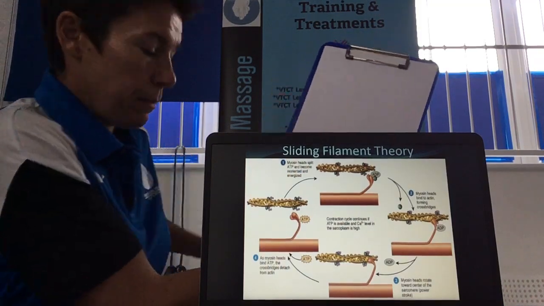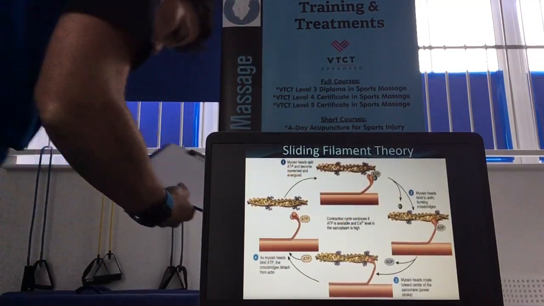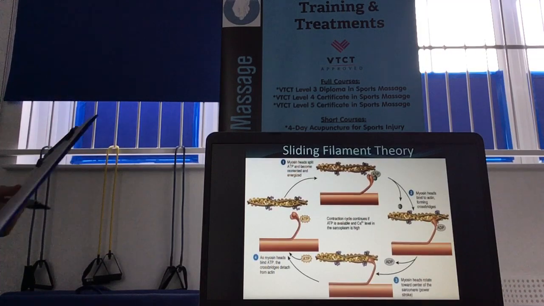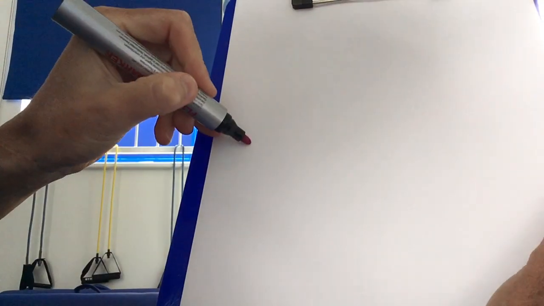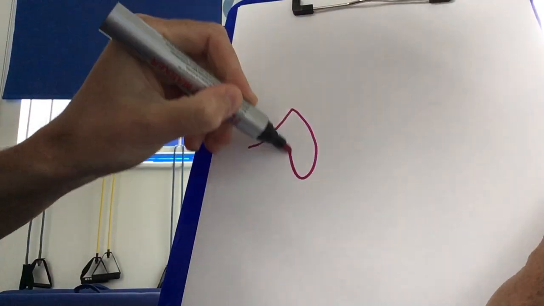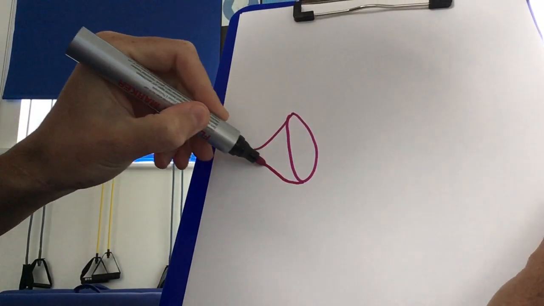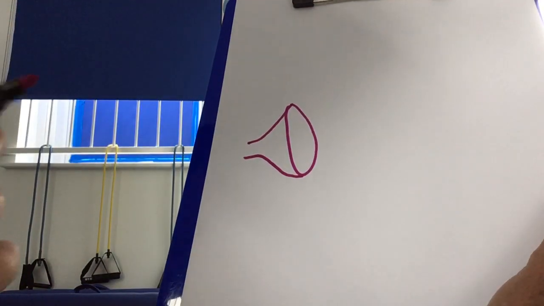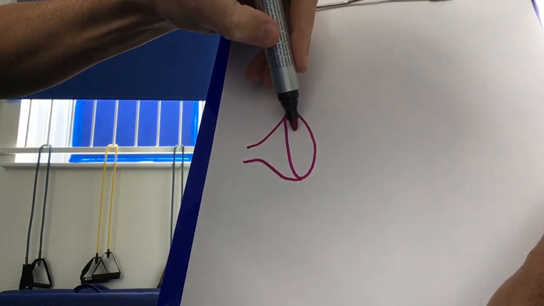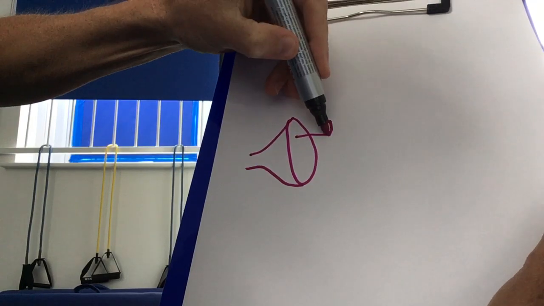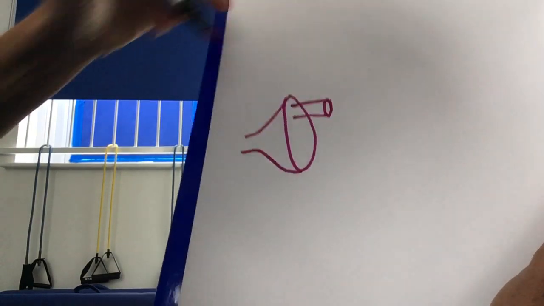What I'm going to draw here is, hold on a second, let me get a bit closer. Okay, so I'm going to draw one whole muscle, a bundle of muscle fibres.